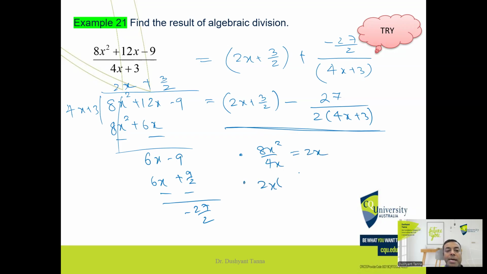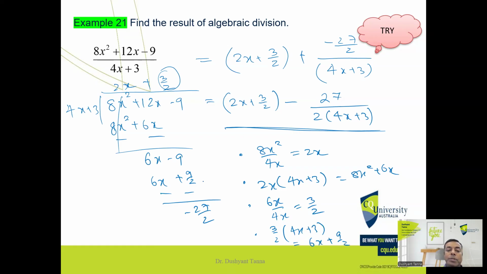The next was 2x times 4x plus 3, and then you get 8x squared plus 6x. You simplify that, you come to the next one, and then you get 6x over 4x or 3/2. That's this thing here, right? And then 3/2 times 4x plus 3 is 6x plus 9/2, which is this bit.